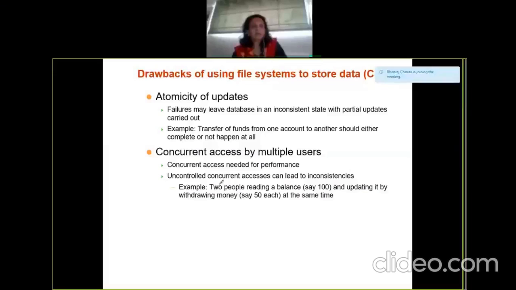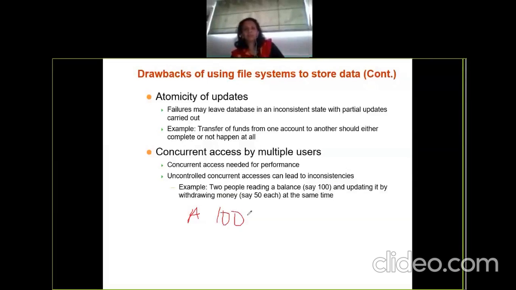Again, we are going to consider the same example related to the balance. Suppose a particular department has some balance, and the clerk wants to use the information. Suppose department A has a balance of 1000.